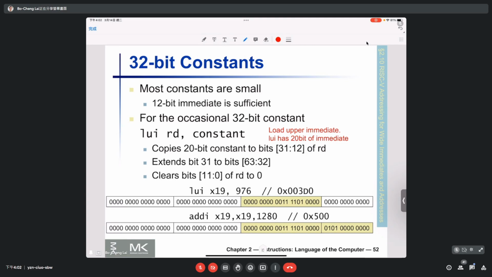Yeah, 12 bits. So usually in the instruction, the immediate can only specify from positive 1023 to negative 1024, roughly this range.